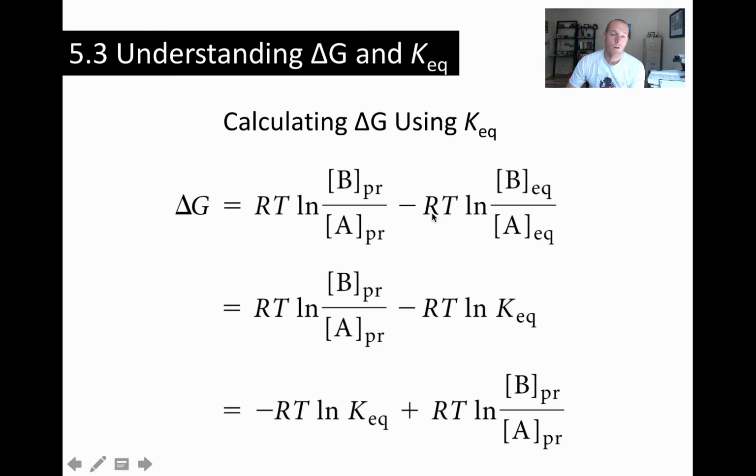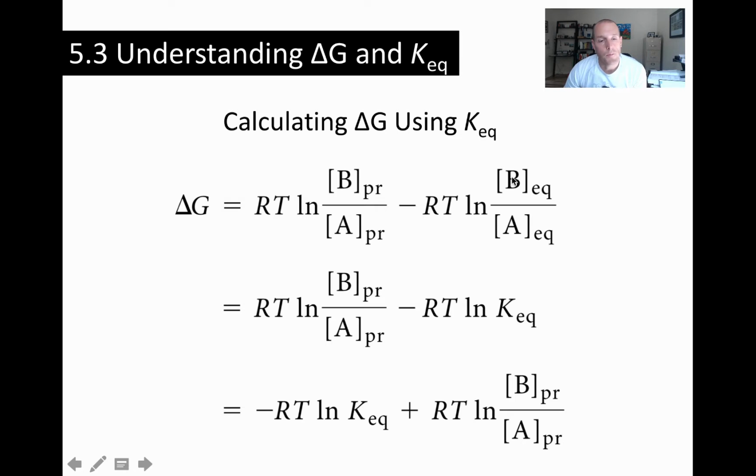Subtracting, again, the universal gas constant times temperature, multiplied by the natural log of B at equilibrium over A at equilibrium. And this value here, B at equilibrium over A at equilibrium, like you just saw, that's the equilibrium constant. So this equation simplifies to basically the natural log of the molar ratio of B over A times the constant R times the variable T, subtracting RT natural log of the equilibrium constant.